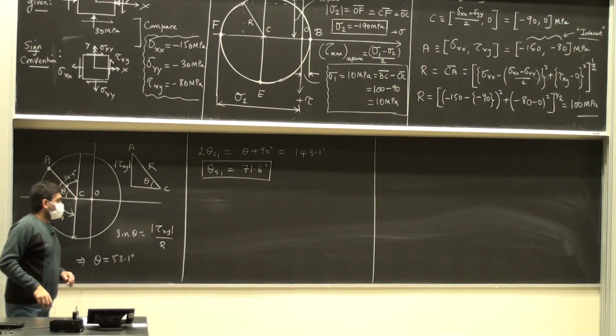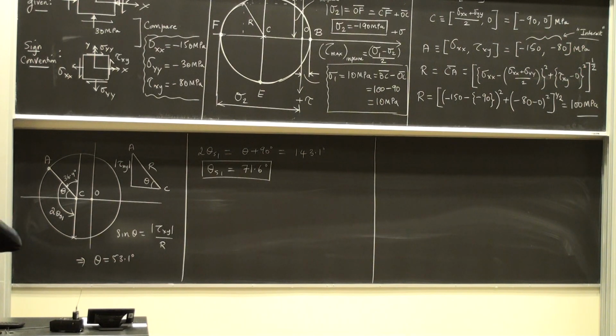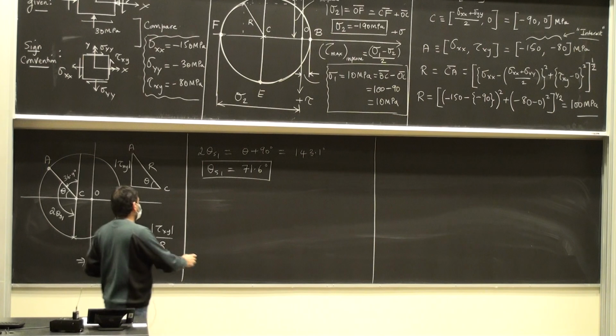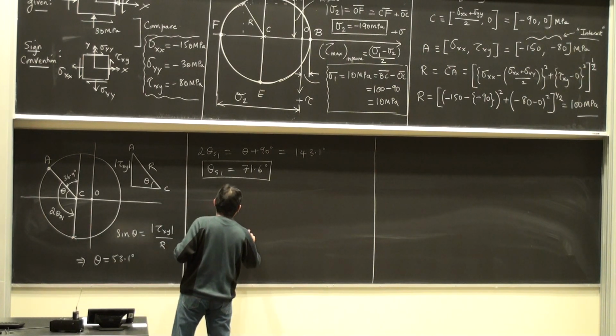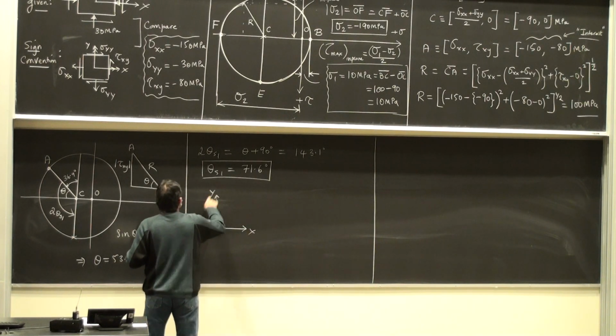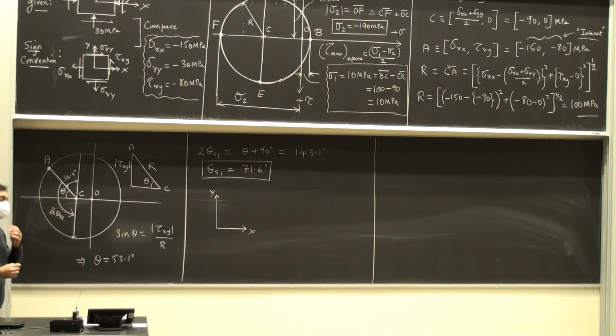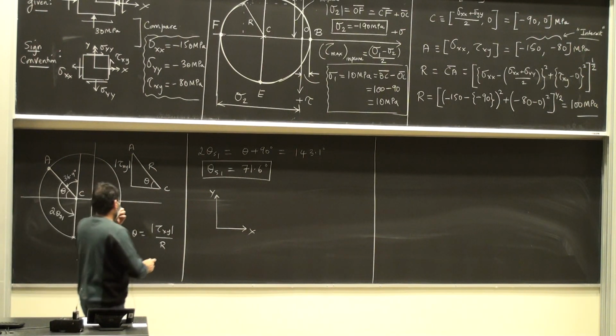Okay. Draw the orientation of the shear directions with respect to the x and the y coordinates. So start with the x and the y, positive x, positive y, which is what is given in the problem. Then with respect to the positive x direction, I am rotating counterclockwise, so I go by 71.6 degrees counterclockwise.